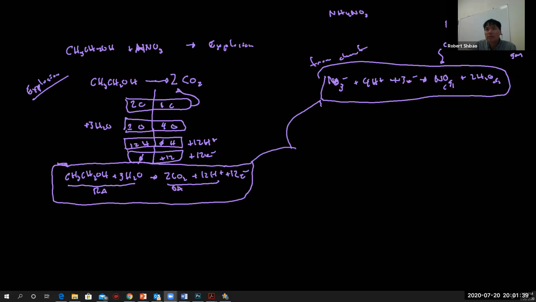When we combine them, we have to multiply the first one by 4, because we only have 3 electrons here. We need 12 electrons. So we'll multiply this top one by 4, and this bottom one by 1, and then add up everything on both sides.